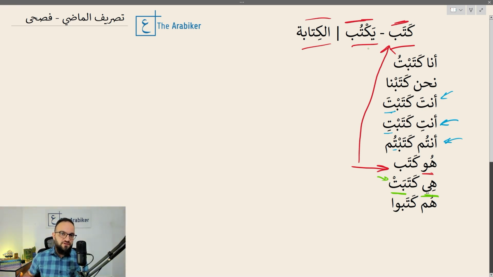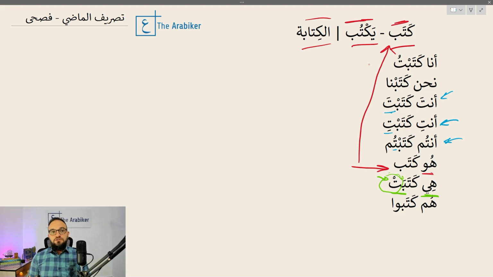I think you remember the ta marbuta, for example, that indicates a noun to be feminine. Even in the conjugation of past verb here, for feminine third person, we add this ta with sukoon preceded by fatha. Katabat. Katabat. In general, you need to memorize and keep practicing these conjugations until they become natural to you.